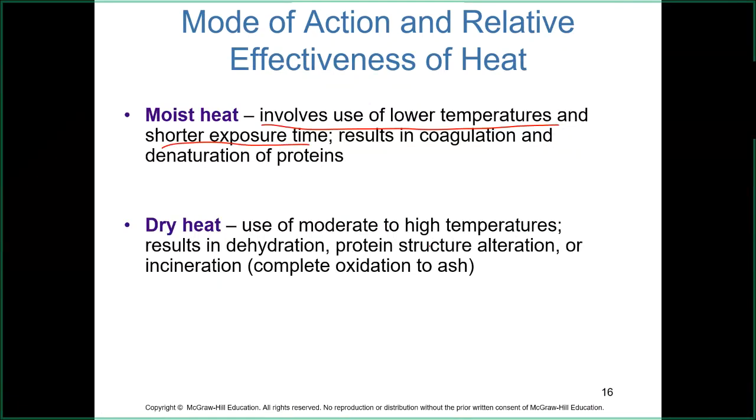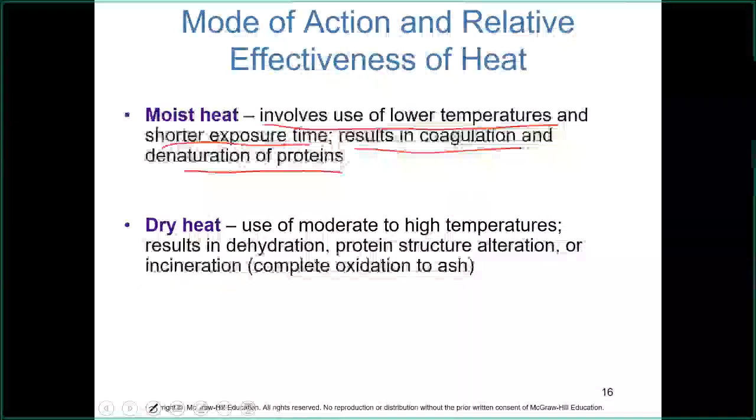And the reason moist heat generally works so well is that it either coagulates or completely denatures proteins. Now, coagulation has to do with the fact that proteins, the enzymes and some of the structural proteins, when they're in the cytoplasm of a cell, are in soluble form. They're dissolved in water, essentially, and they're floating around and doing their jobs.